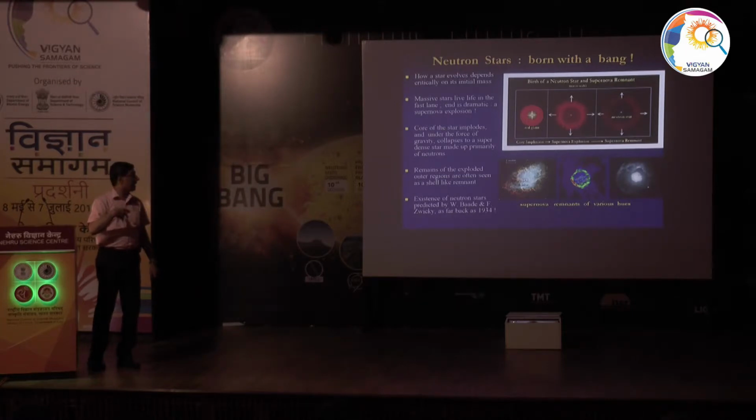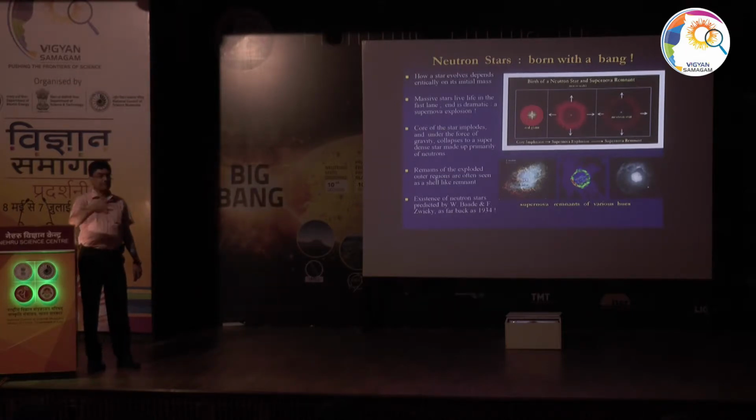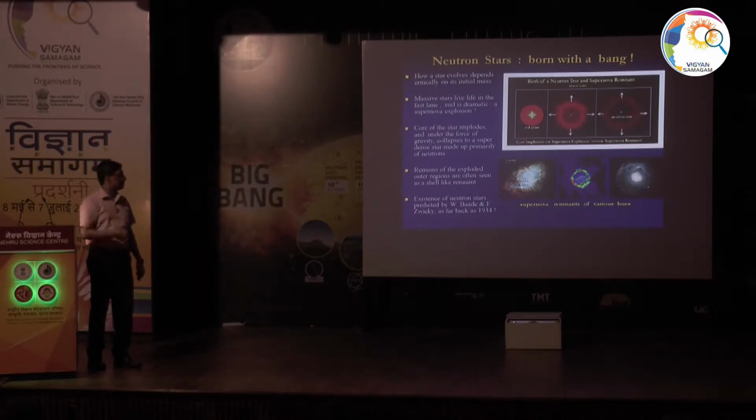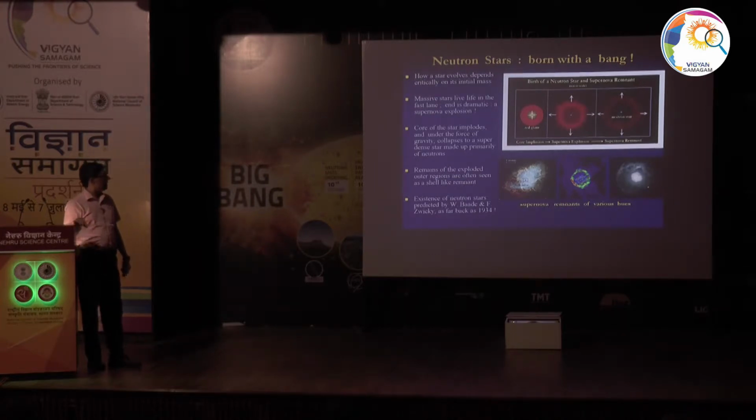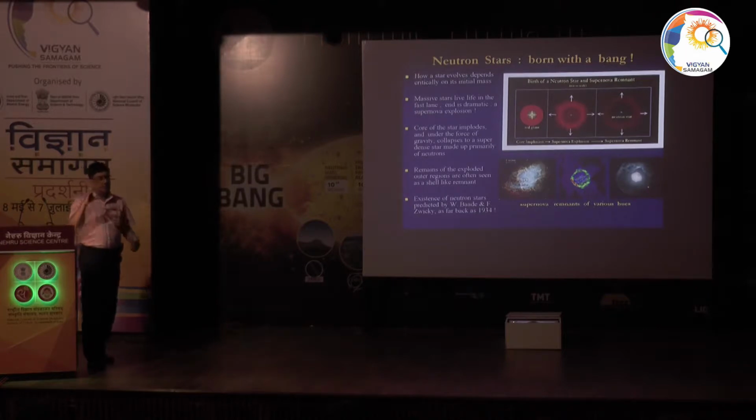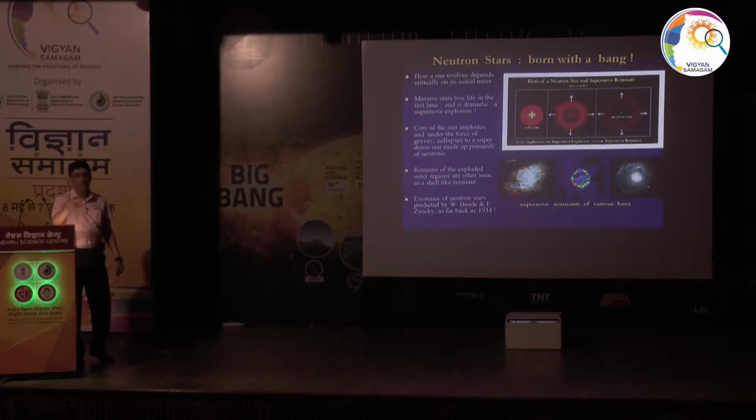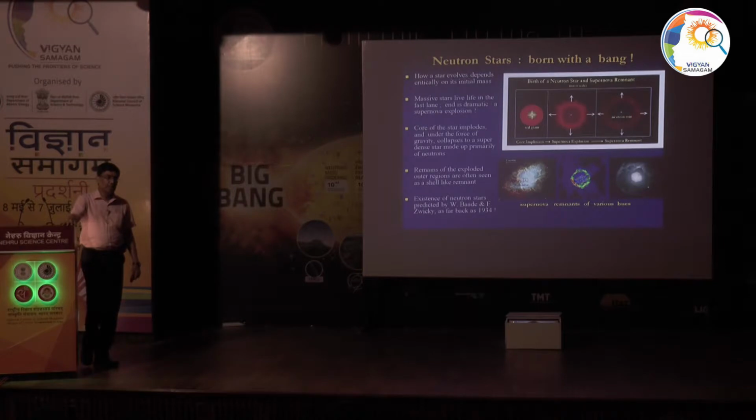They go through this cycle where hydrogen fuses to helium, helium fuses to carbon, and so on, and at the end they reach this stage where the central core has formed iron, and it cannot do anything beyond that to produce an exothermic reaction which can produce energy.